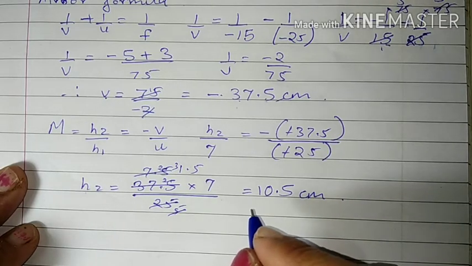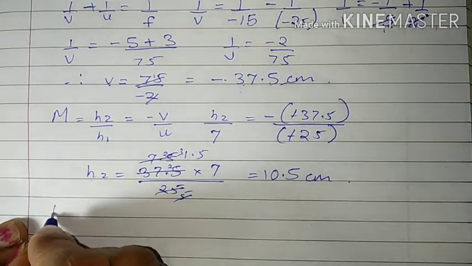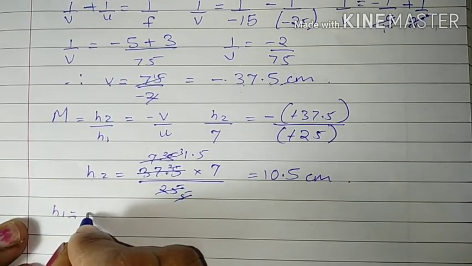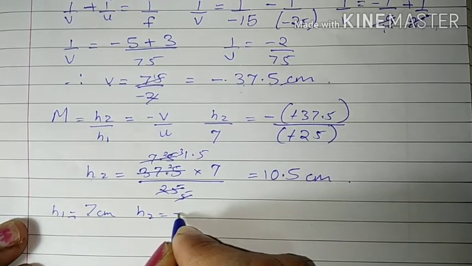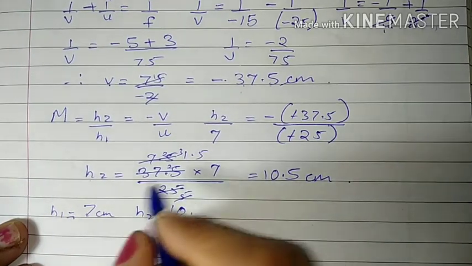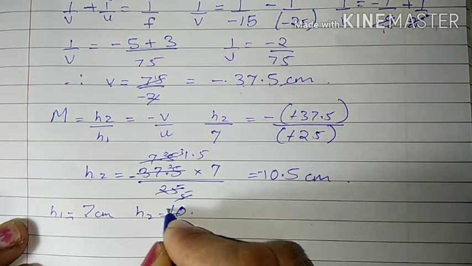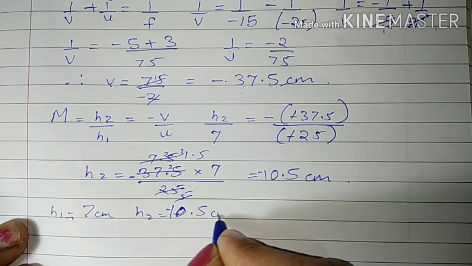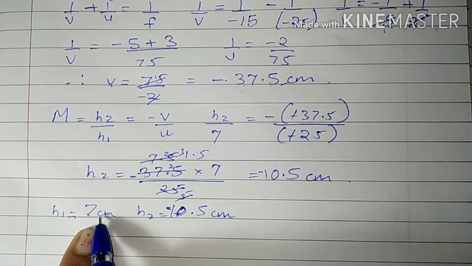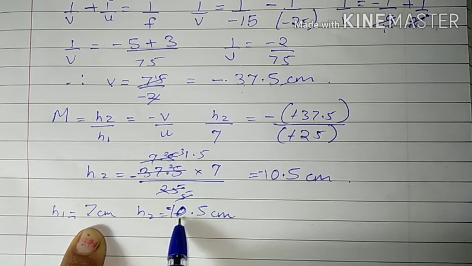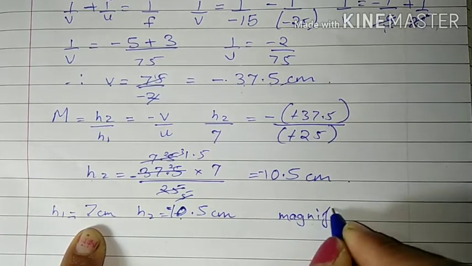Now the third thing that we need to find is the nature of the image. Let's compare. You have H1, which is equal to 7 centimeters, and H2 is equal to minus 10.5 centimeters. When you're comparing the numbers, just ignore the minus sign. We clearly see that the height of the image is greater, which means it's a magnified image.